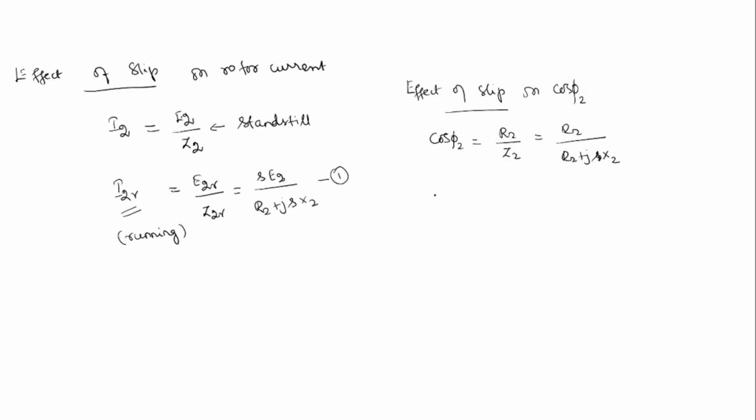This is during standstill condition. When the rotor is rotating, due to the effect of slip, cos phi 2R will become R2 divided by Z2R. So this will be equal to R2 divided by the square root of R2 square plus (S X2) whole square.